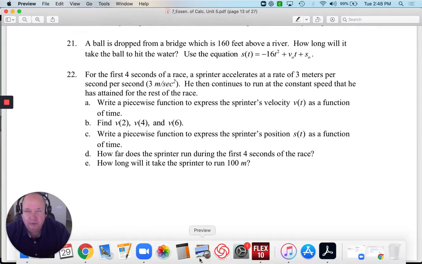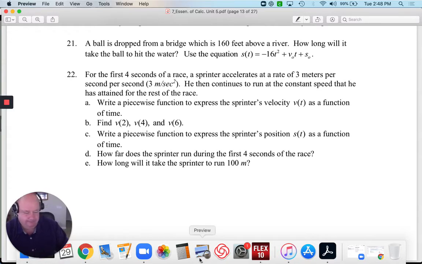So for the first 4 seconds of a race, a sprinter accelerates at a rate of 3 meters per second. He then continues to run at that constant speed that he has attained for the rest of the race. So the antiderivative is going to be a constant when you're greater than 4. I can figure this out.